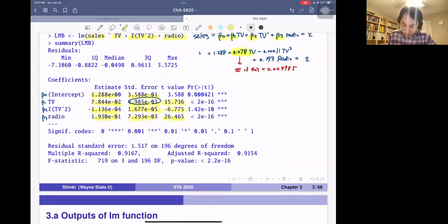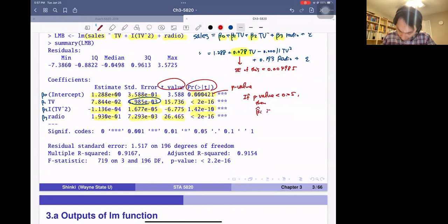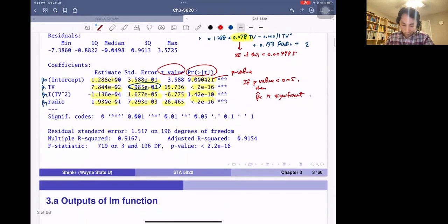You can see the t values here and the p value here. We explain this later, but basically, if the p value is smaller than some threshold, typically 0.05 or 0.01, then the coefficient beta i hat is significant. Usually in multiple linear regression, it's hard to see that coefficients are significant, but actually these are all significant. So this is a very good model.